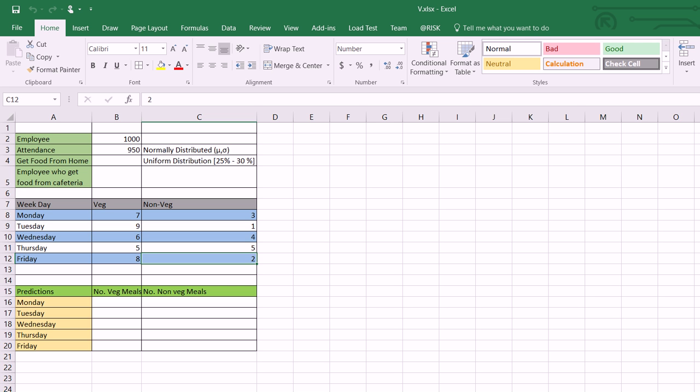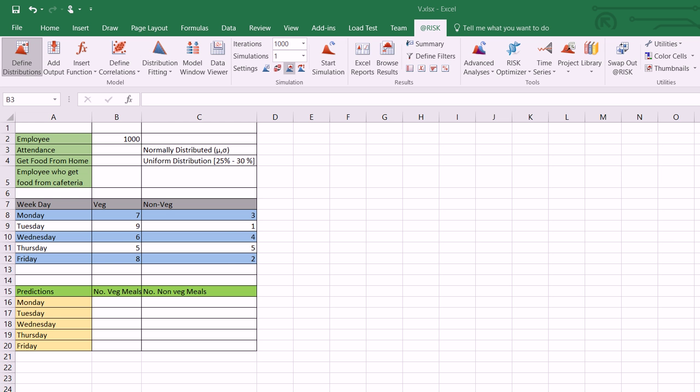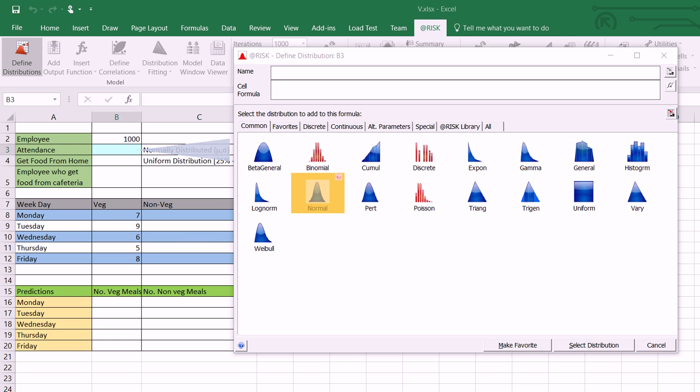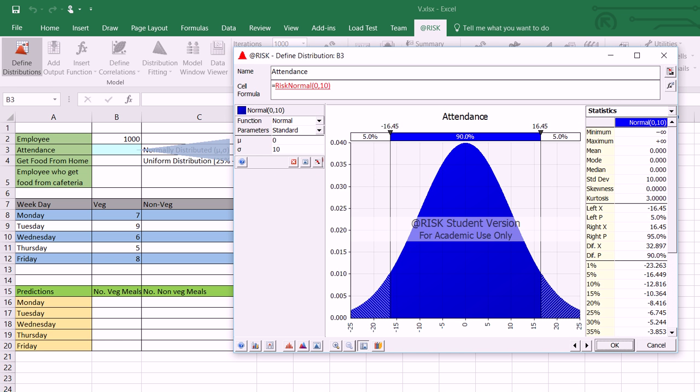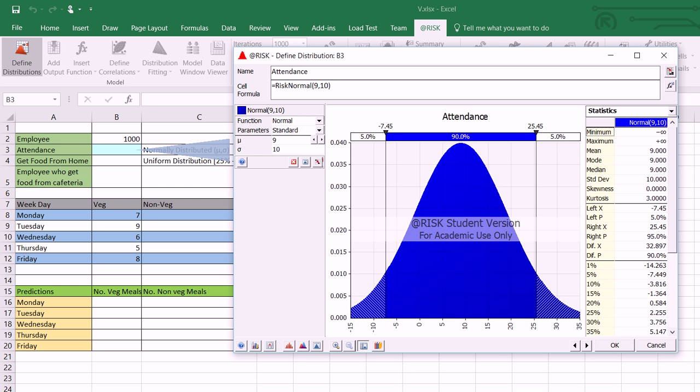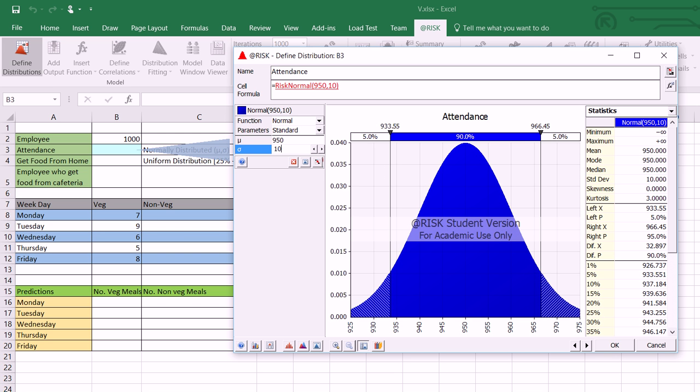So I have just consolidated all the points. What we have here is employee strength is 1,000, attendance is 950, with a mean and a standard deviation. So we'll be using @Risk to optimize this solution. I start by defining my distribution. I say normal, select the distribution. That's my mean, 950, and the standard deviation of the variation is 15.